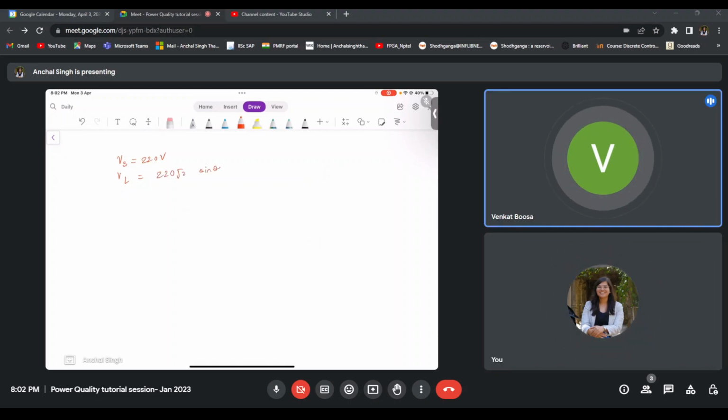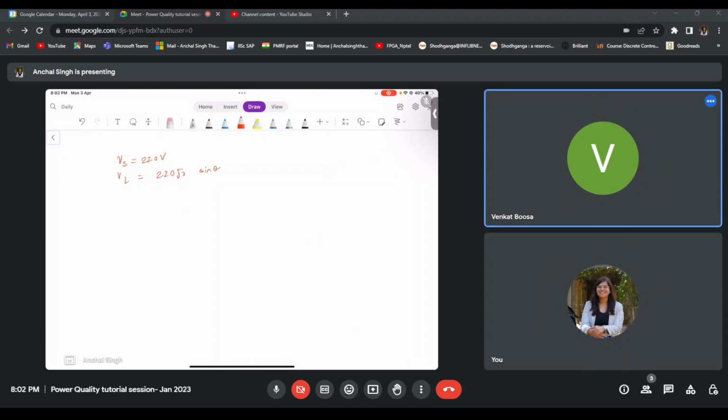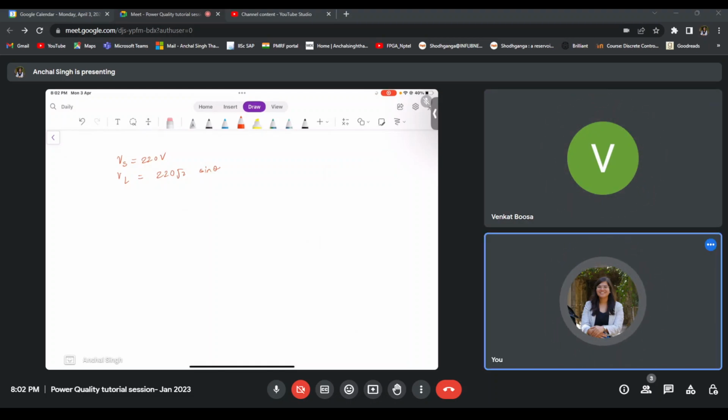Here the load is given as 230 volts, madam. No, it is given as 220 only. Both are given as 220, madam. I have the question in front of me. It is given as 220 only, so the 230 value is not given.